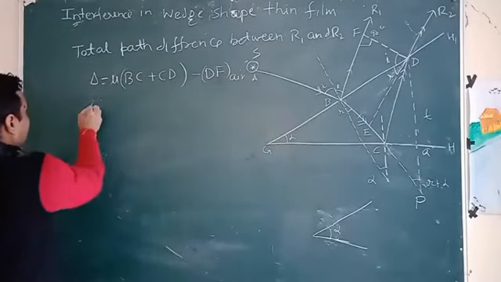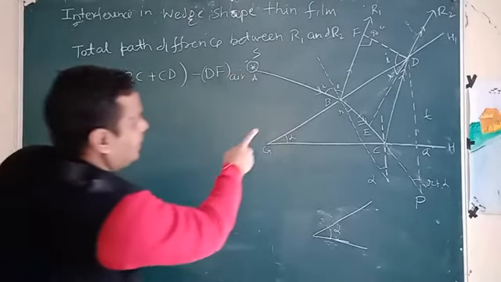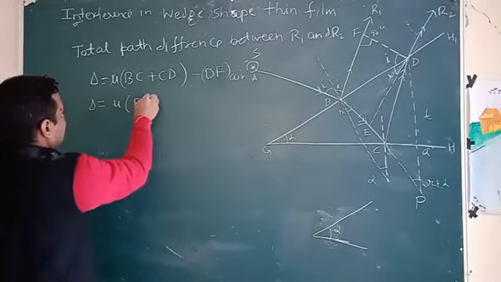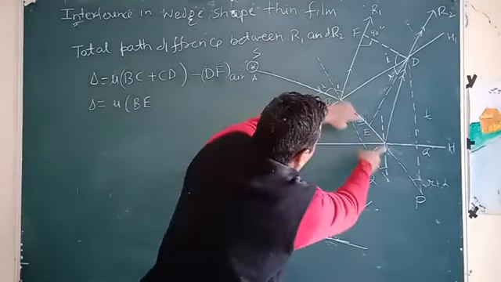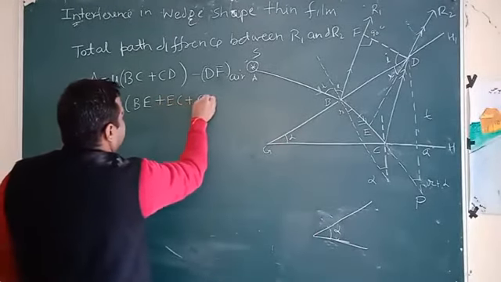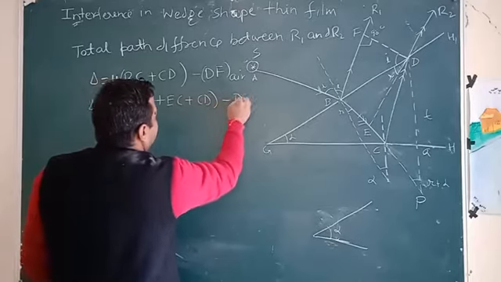That is, delta is BC, which is BE plus EC, plus CD minus DF.